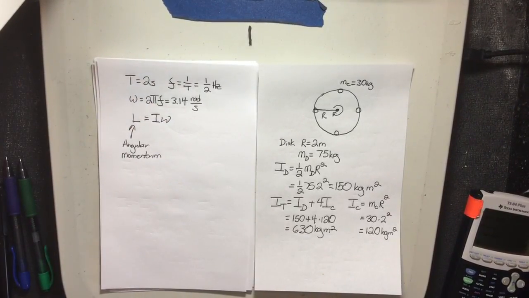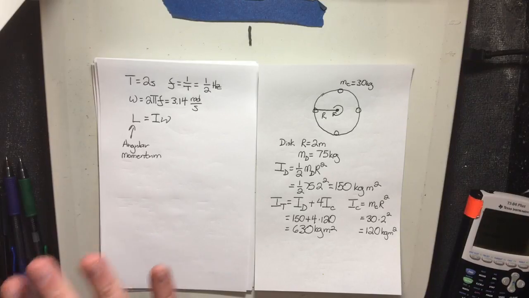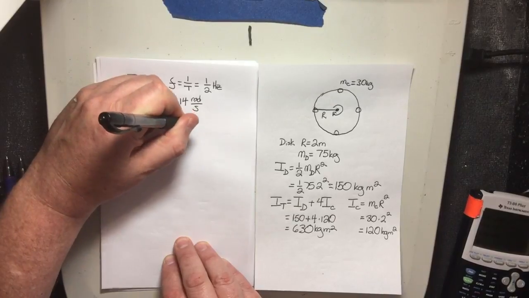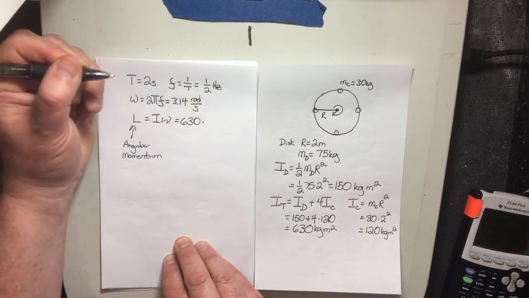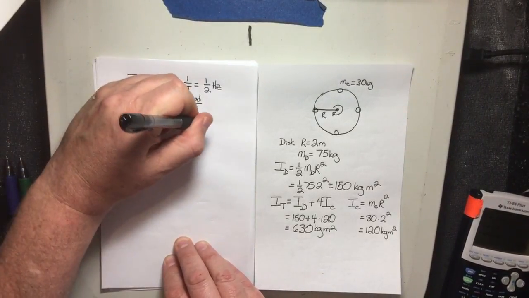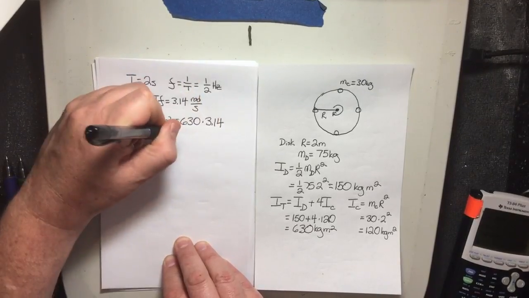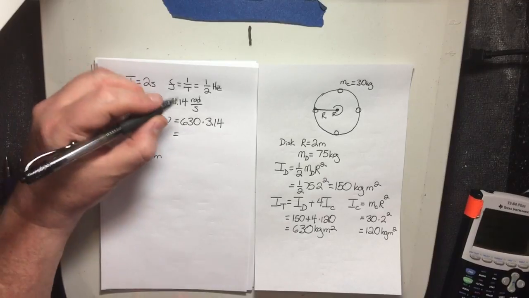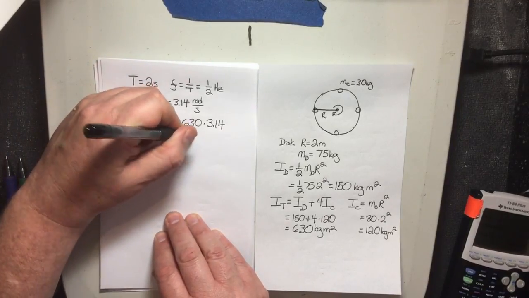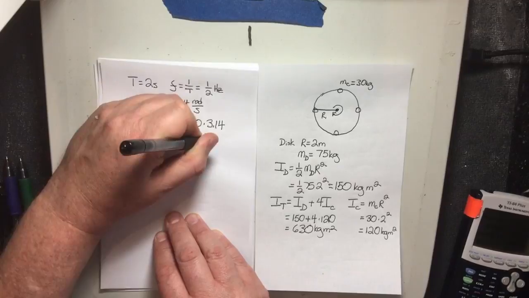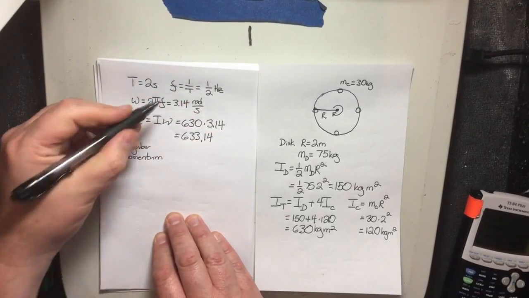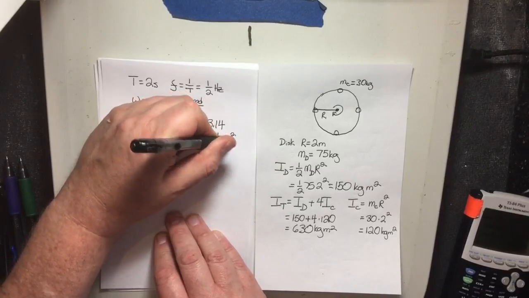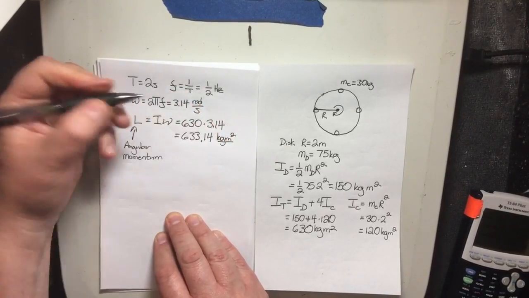So if I wanted to know the angular momentum of this disk, it's 630 times 3.14, or 633.14. Moment of inertia is kilograms meters squared. Omega is radians per second.